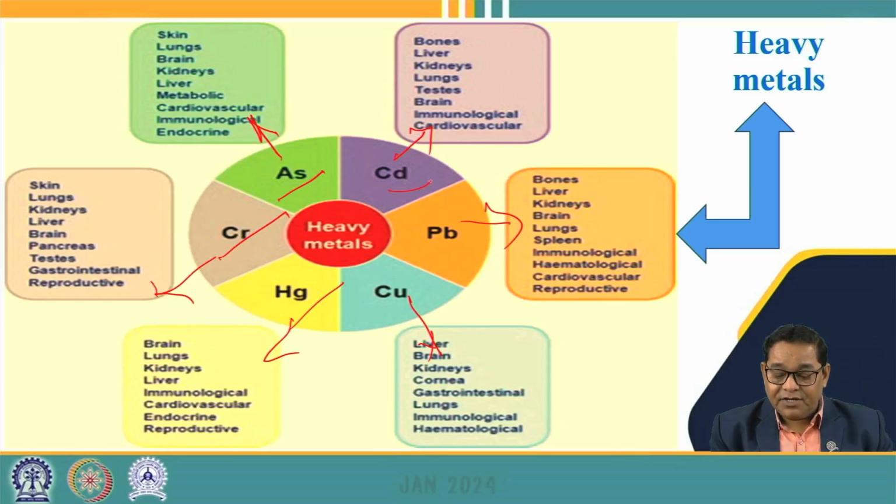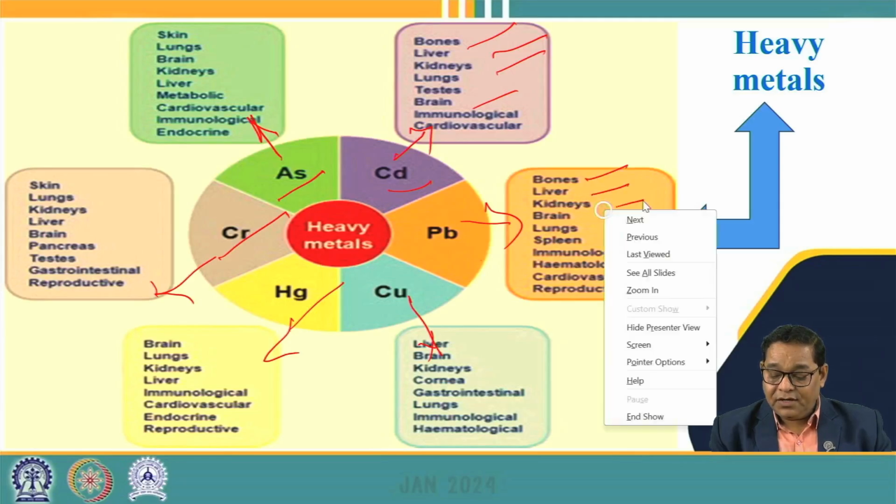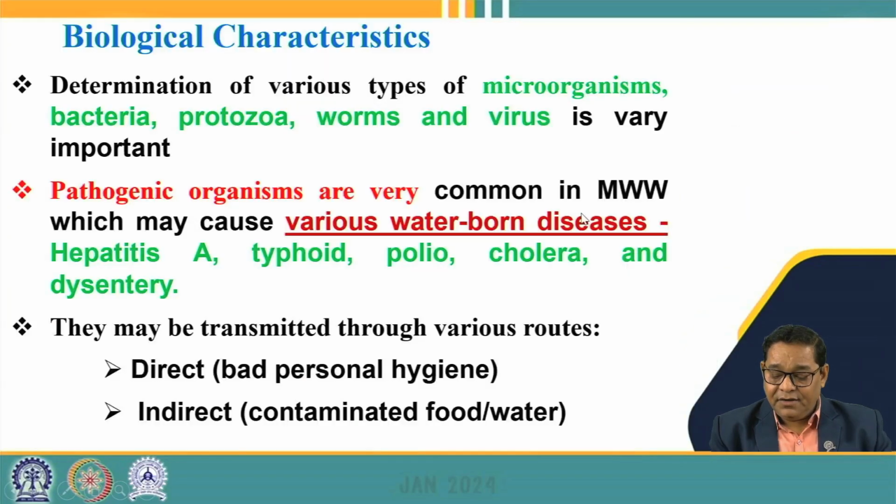Similarly, cadmium can affect our bone, liver, kidney, and lungs, and it can also damage our brain and immunological system, and cause cardiovascular problems. Then lead has a number of impacts on the bone, liver, kidney, and brain.